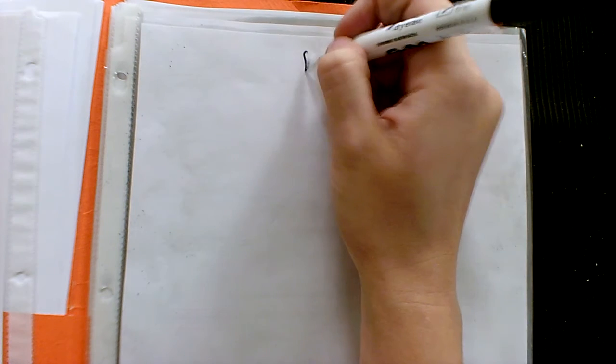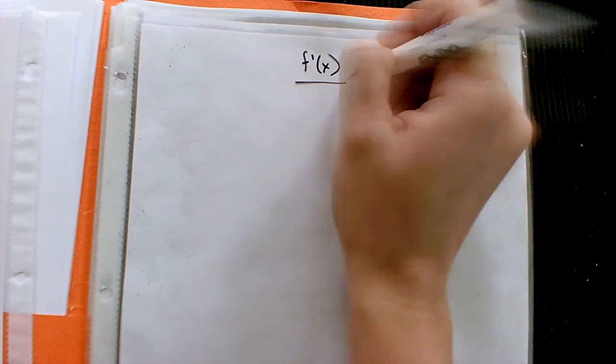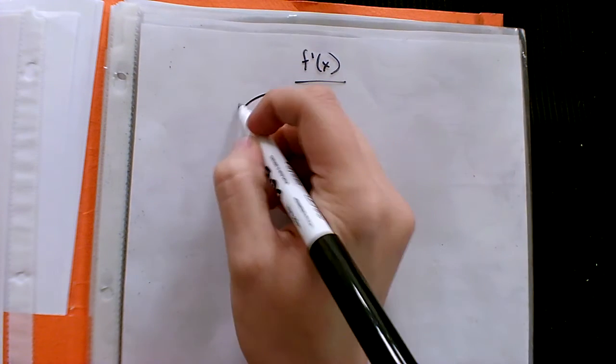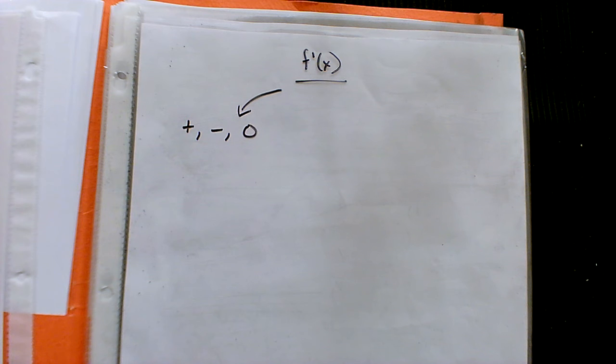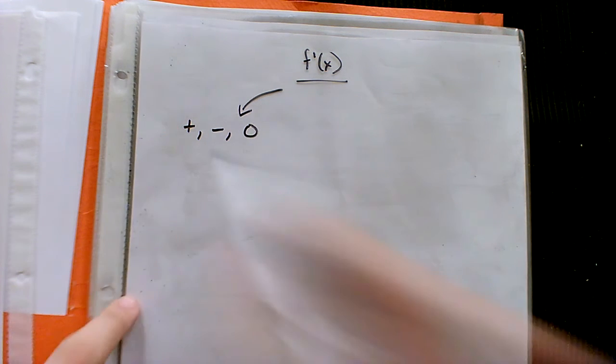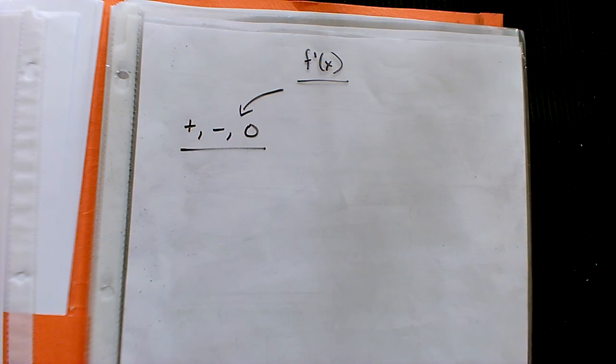So we're going to create a list or a flow chart, if you will, on the back of that page. So I want us to assume that we're starting with a derivative graph. It could be a second derivative. I don't care what it is, but for here we're just going to assume it's the first derivative. And we're going to list when that derivative graph is positive, negative, or 0, what does that tell us either about f of x or the second derivative?